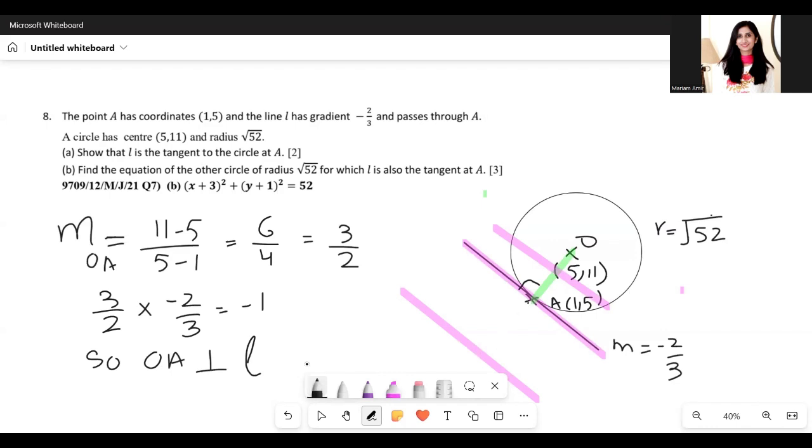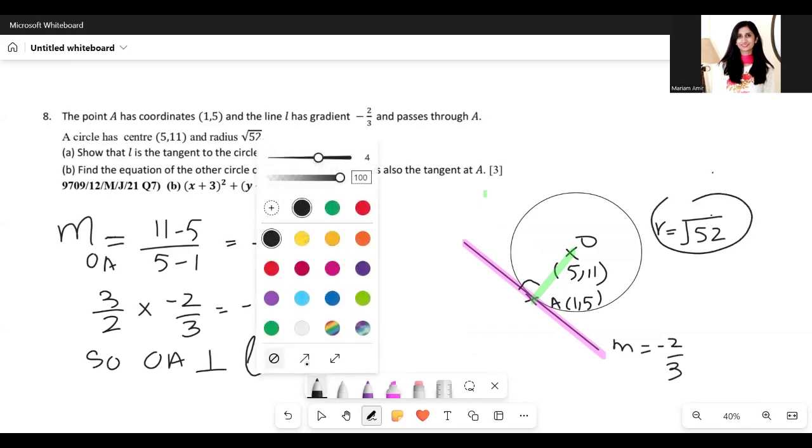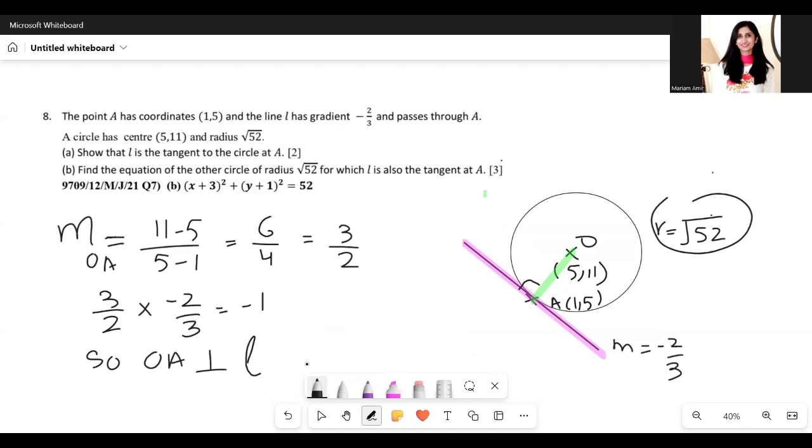So how do we know that this perpendicular line L is also the tangent? Now you'll have to find the distance between O and A and show that it is the same as the radius of the circle. Hence, the pink line is not only perpendicular as a tangent should be, it is actually the tangent because the distance of OA is the same as the radius.